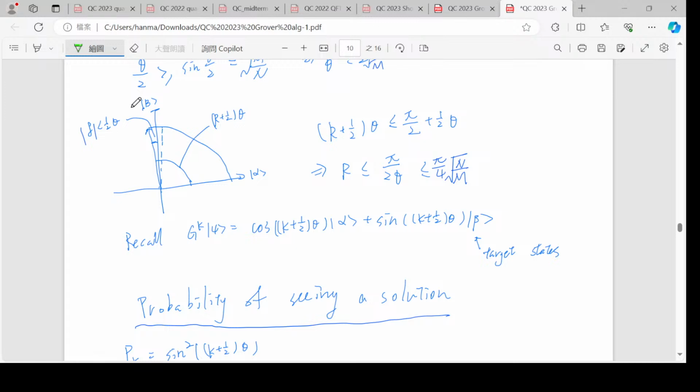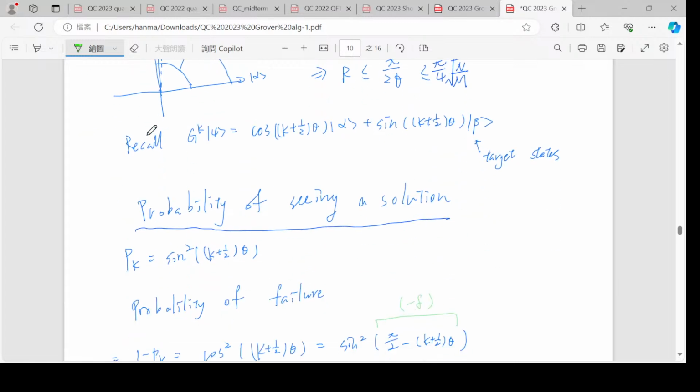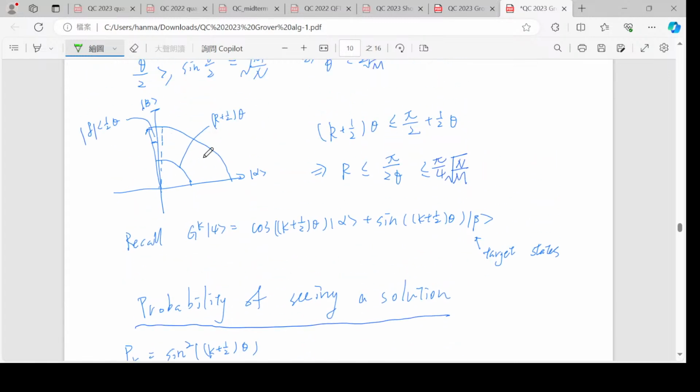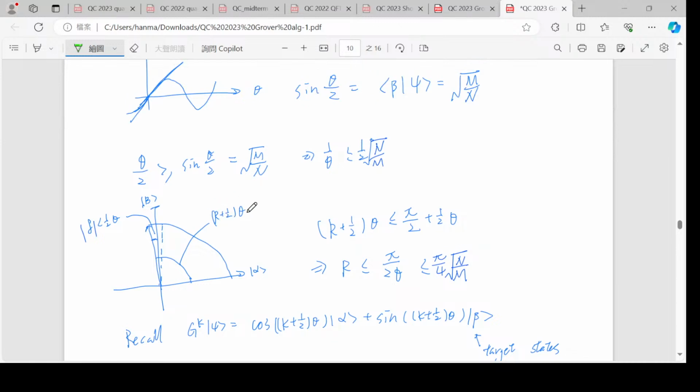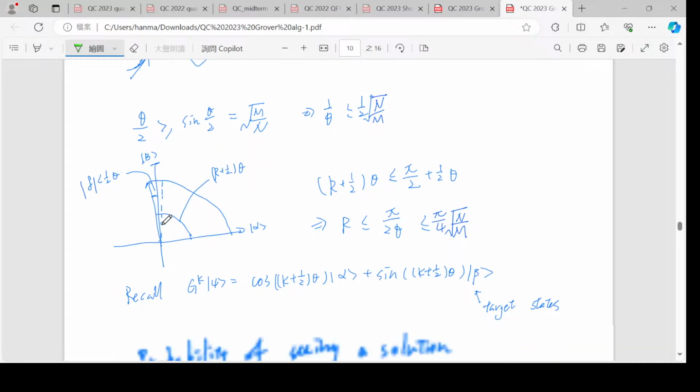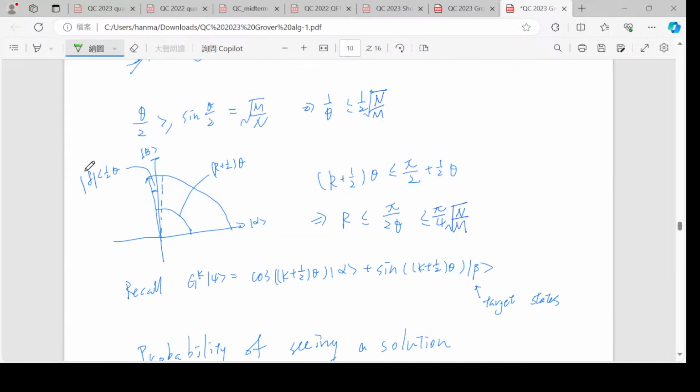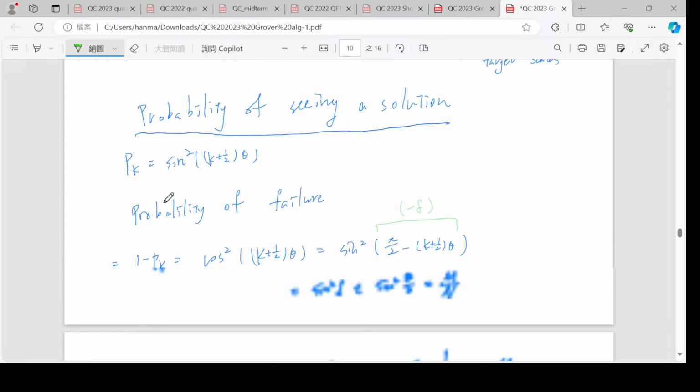But each time you are rotating by theta angle, right? So if theta is not a very good number, then you can overshoot a little bit or undershoot a little bit. But the amount you overshoot or undershoot should be less than theta, otherwise you could find something closer.